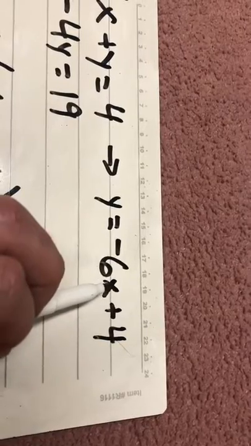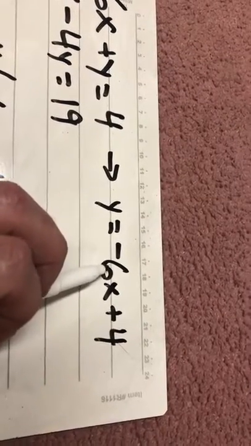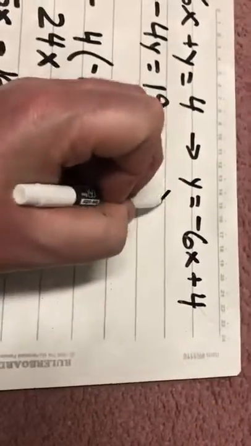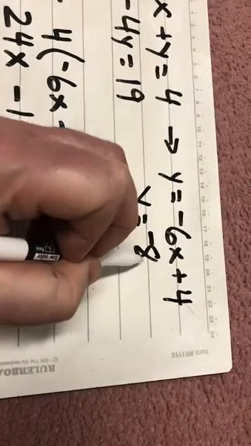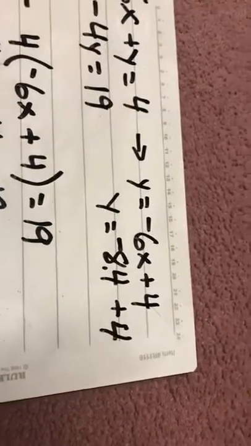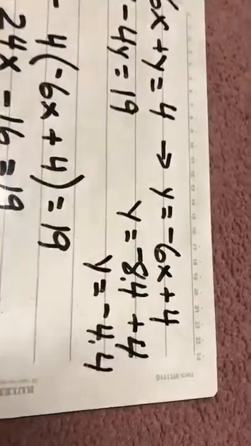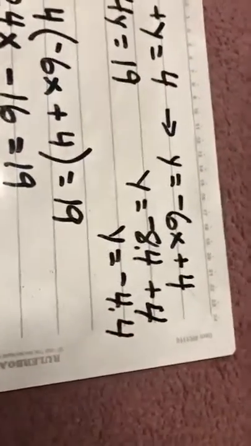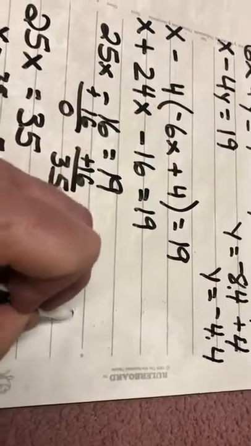If you plug 1.4 for x into your calculator and multiply it by -6, you're going to find that y equals -8.4 plus 4. Well, if y equals -8.4 plus 4, then y equals -4.4. Your intersection point, 1.4, -4.4.